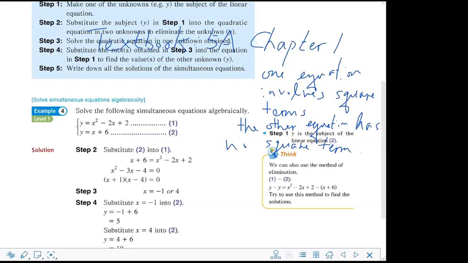Remember this, this is important. It is important to identify the equation that has no square term in our calculations.